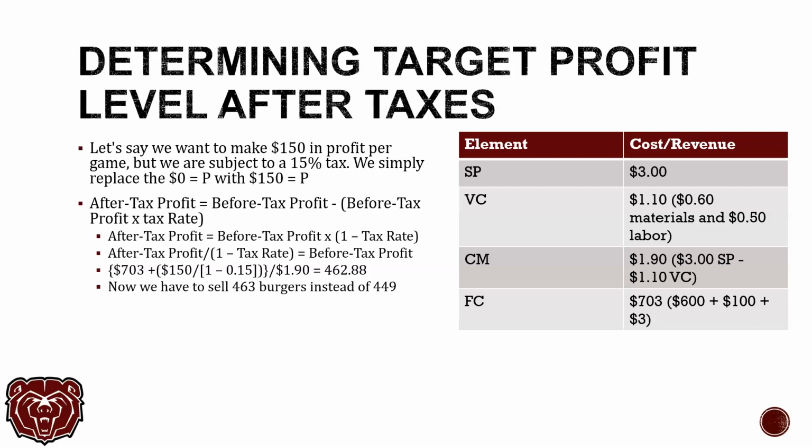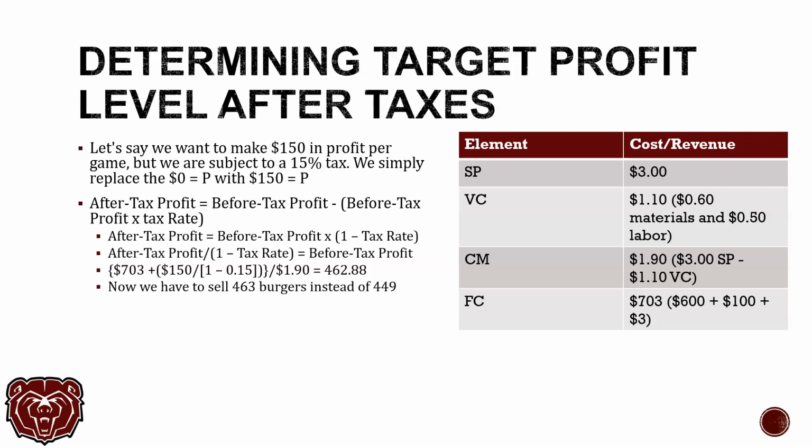Okay, so we can see that our fixed cost is $703. We're going to take our after-tax profit, $150, and divide that by 1 minus the tax rate. So what we'll get is 0.85. And then we're going to divide that all by our contribution margin. So we're using our break-even formula, we've just added a little chunk in there, our tax rate. That 150 divided by 0.85 is going to increase that 150.